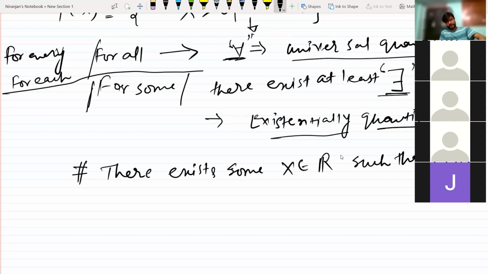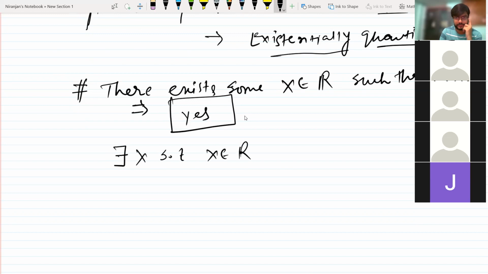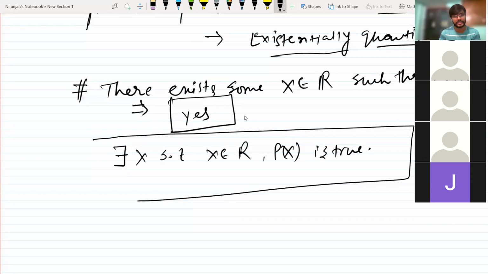Okay, this is a statement. And how do we write it in mathematical terms? We denote that quantifier symbol: there exists x such that x belongs to R, P(x) is true. This is the mathematical way to write the above English statement.